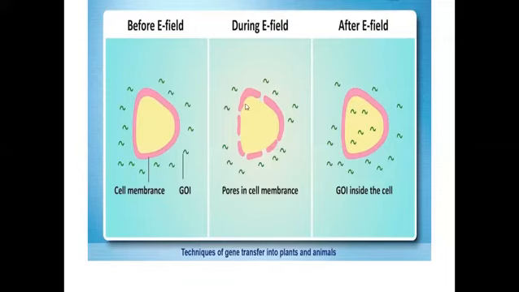If pore-like structures are visible on the plasma membrane, the gene of interest or target DNAs easily enter into target plant cells. When the target plant cell has received the gene of interest, the plasma membrane converts back to normal condition, meaning the pore-like structures are closed after the plant cell receives the gene of interest.